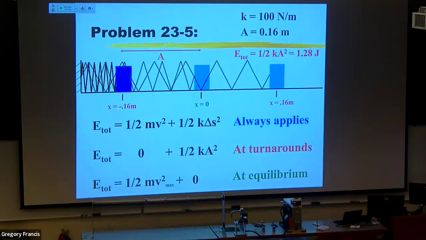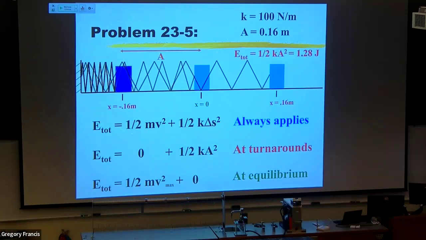If I had told you the mass of the block and the fastest speed, you would use this equation here. If I had told you when the block is 1 centimeter to the right of equilibrium, it's going 2 meters per second, you'd use this equation here.